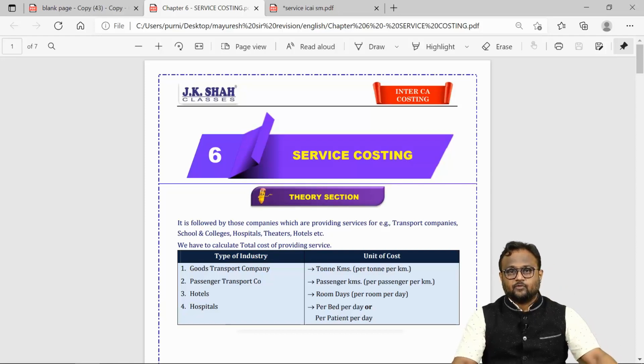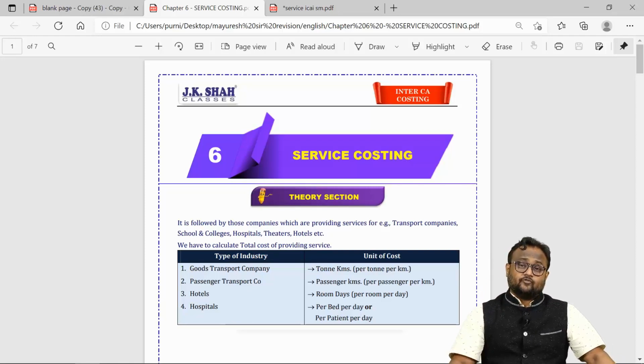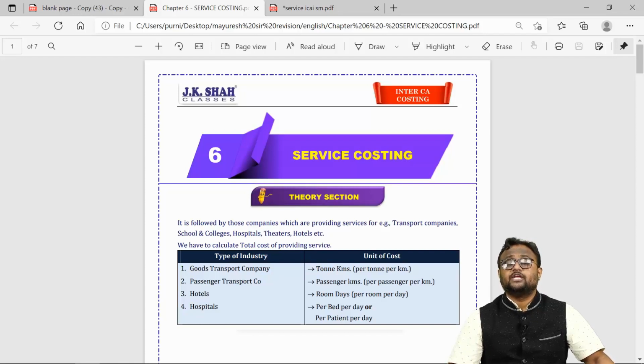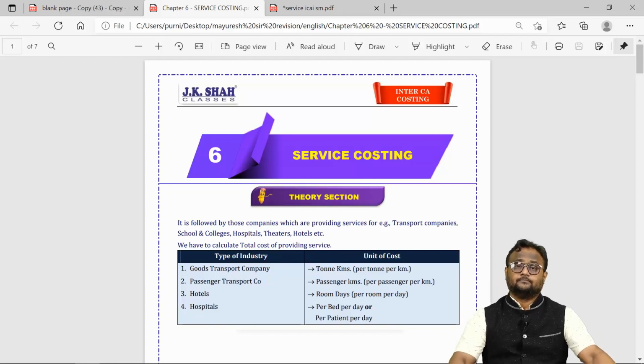There can be two composite variables. In case of product, it is only per unit, per ton, per kg, per meter, per liter. But in case of passenger transport, you need to know how much you are supposed to charge to one passenger for 1 kilometer. In case of goods transport, you need to know how much you are supposed to charge to each ton for 1 kilometer.